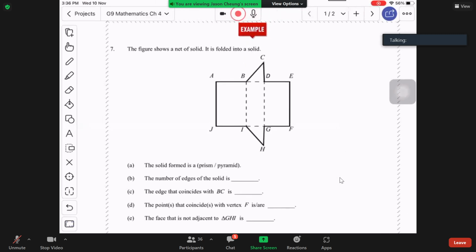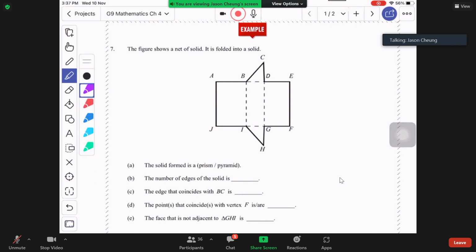All right, when you see this one, for example here, example 7 here. When you see this one, apparently, what is the name of this one? Do you still remember what is the name of this one? We can try to think that, first of all, which one is the base.